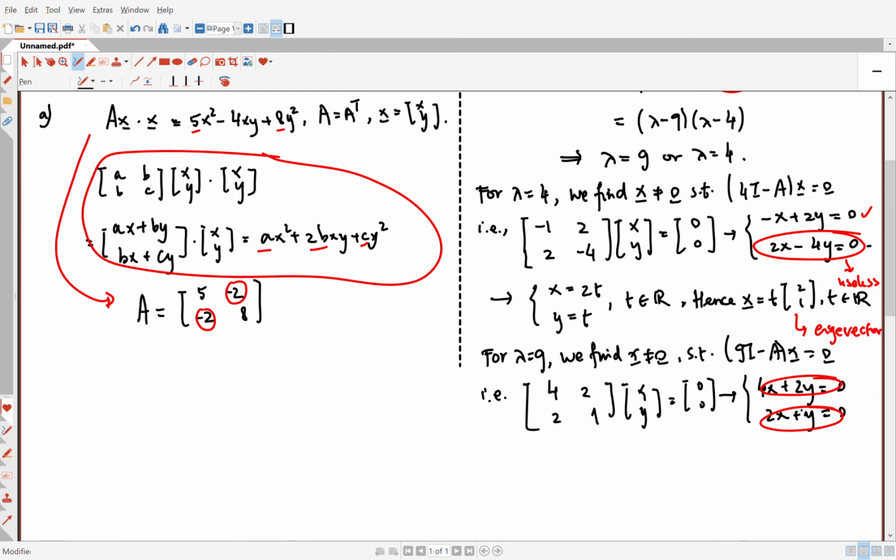Let's say I just use the second one, and I let my y be the free variable. Then my x will be, okay, maybe it is easier if I let my x be the free variable.